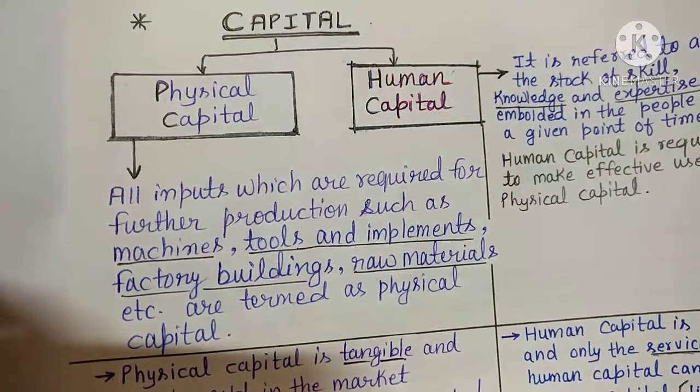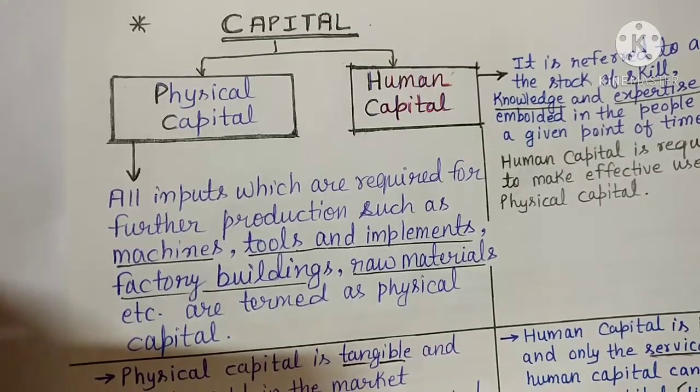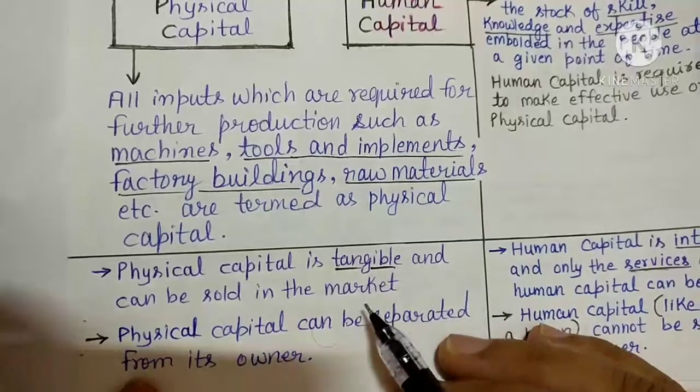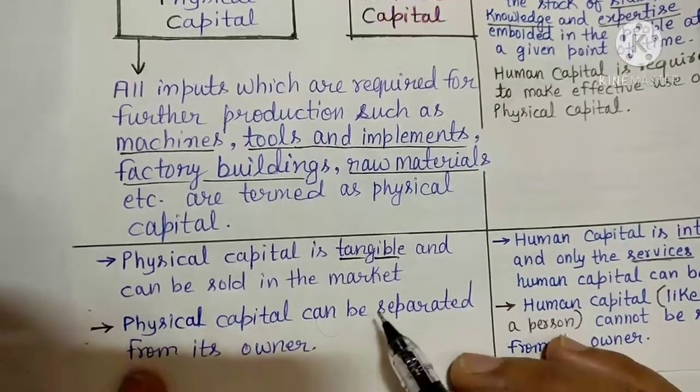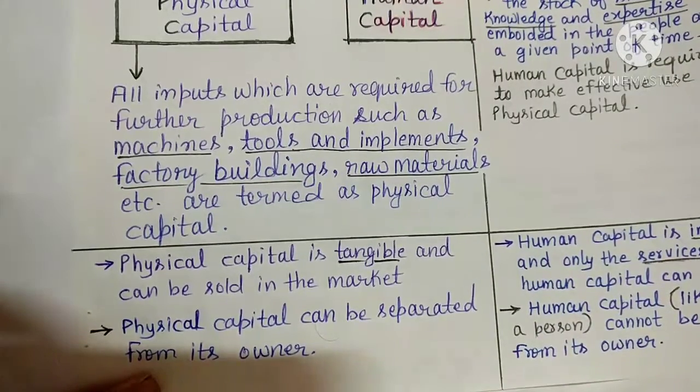Raw materials are used to make the finished goods. These all are called physical capital. Physical capital is tangible. It means we can see and touch it, and it can be sold in the market. And physical capital can be separated from its owner. It means we can separate the machines from their owner, no problem at all.